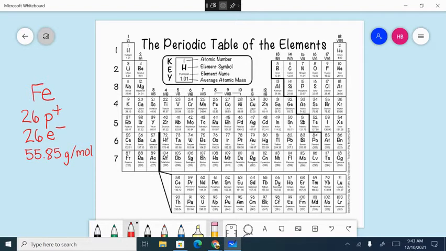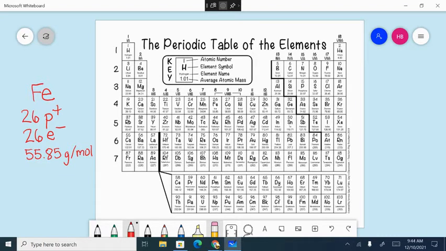6.02 times 10 to the 23rd is such a huge number. It is very difficult for us to wrap our brain around how big that number is. We will spend some time trying to understand it when we get back. Because the mass number is the number of protons plus the number of neutrons.